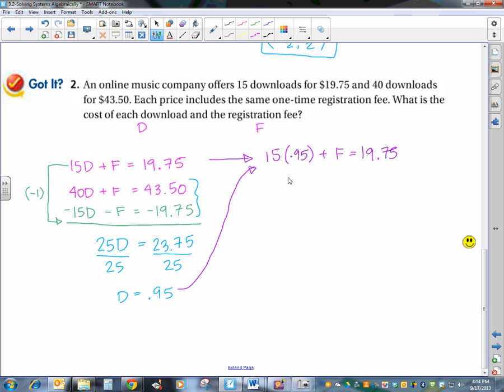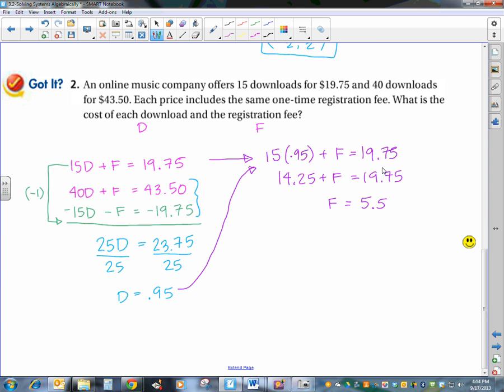And 15 times 0.95 is 14.25 plus f equals 1975. How do I get rid of this? I have to subtract it. So f equals 1975 minus 1425, which is 5.5.